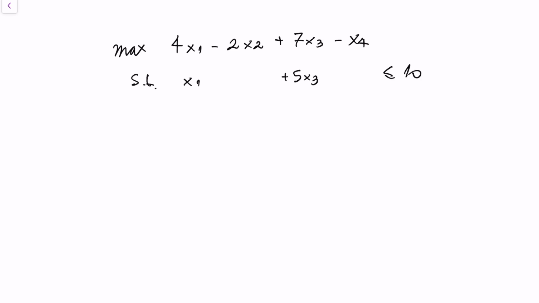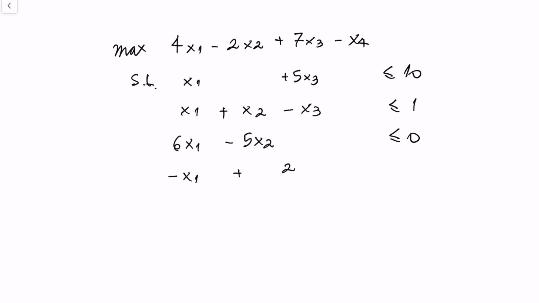The second one says that x1 plus x2 minus x3 should be less than or equal to 1. The third one is 6x1 minus 5x2 less than or equal to 0. And the last one is x1 plus 2x3 minus 2x4 should be less than or equal to 3.